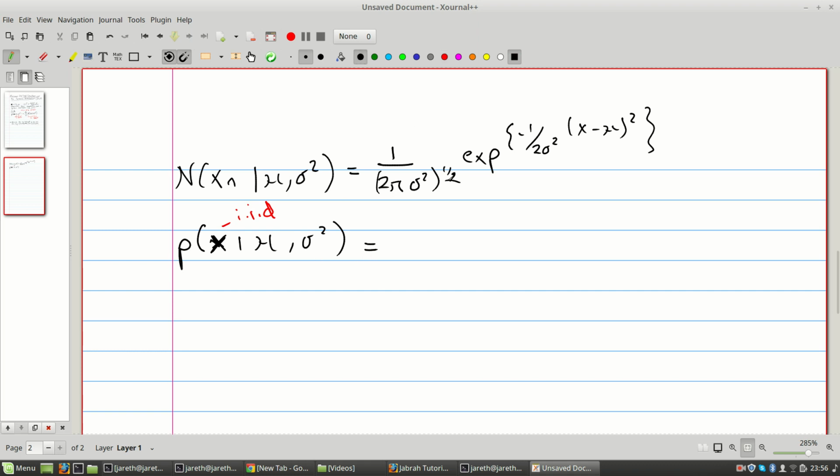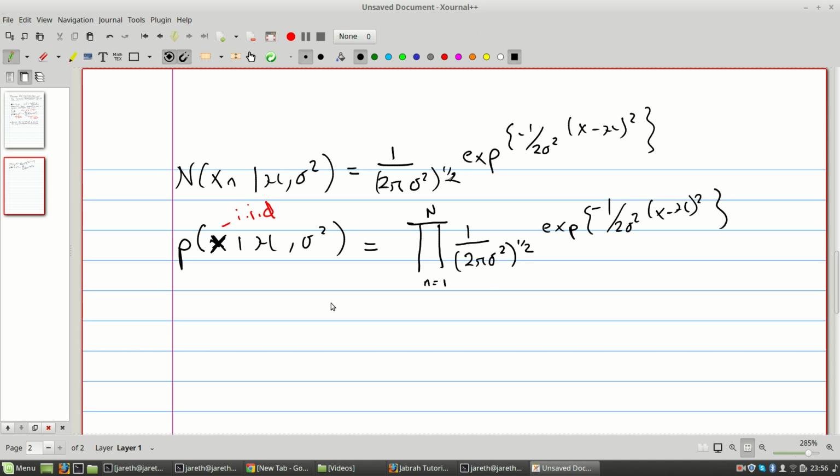We can compute that by taking the product from n equals 1 up to N of 1 over 2 pi sigma squared to the power of 1 over 2, again times the exponent of minus 1 over 2 sigma squared times x minus mu squared.